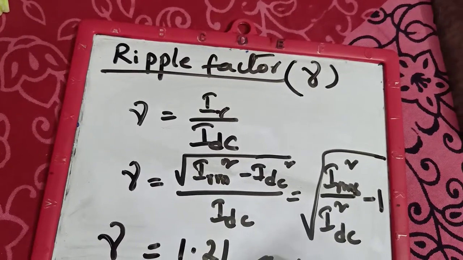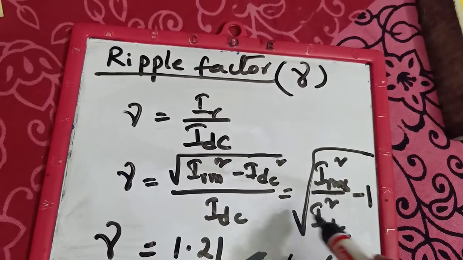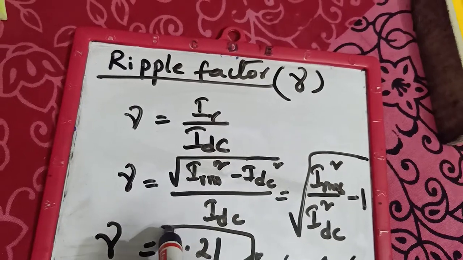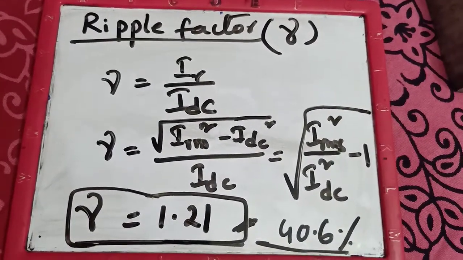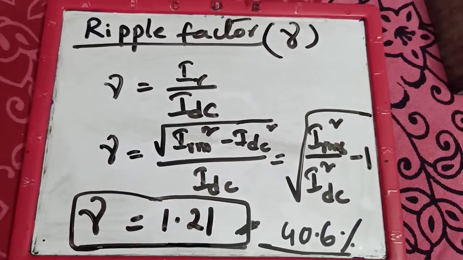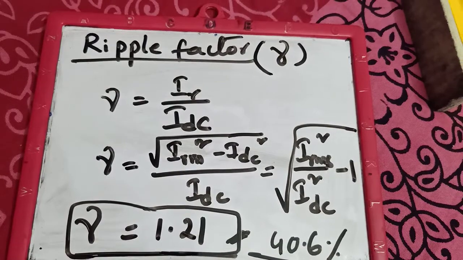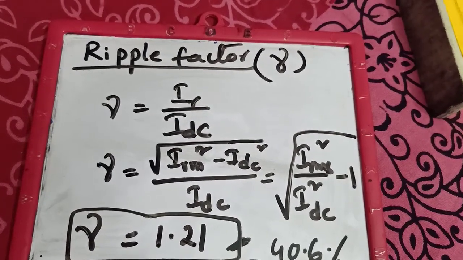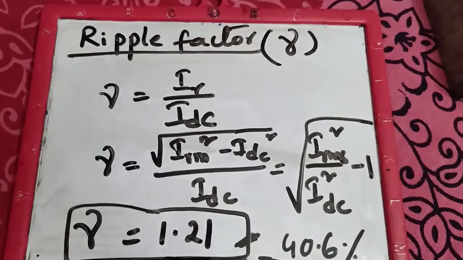As we discussed, it has an efficiency of only 40.6%, and the remaining are the AC components that are present, which are calculated using the ripple factor. So that's the half-wave rectifier construction and operation, and the various factors we have discussed: the RMS value of current, average value of current, form factor, ripple factor, and efficiency of the half-wave rectifier.